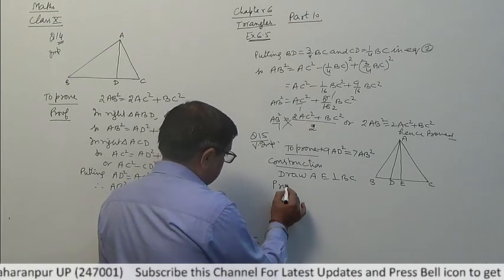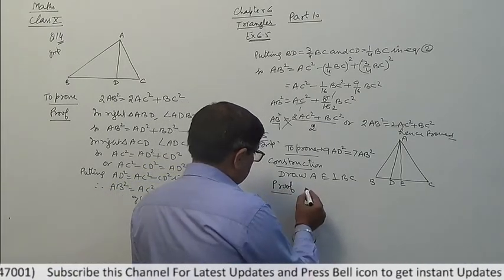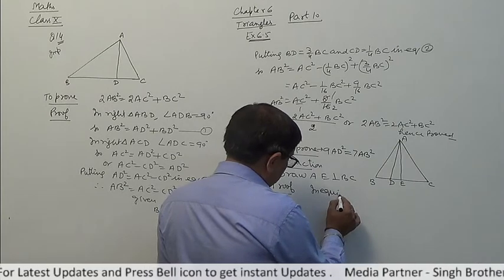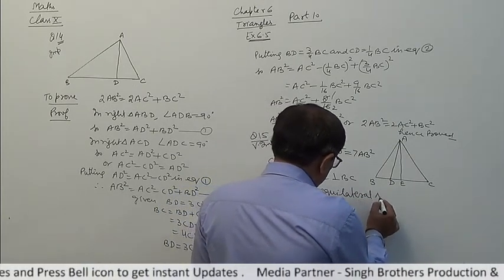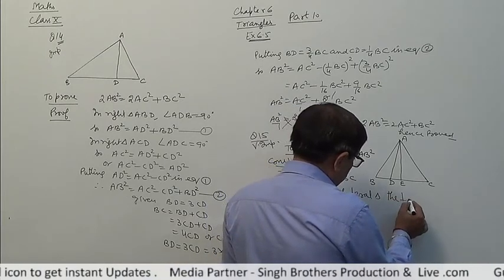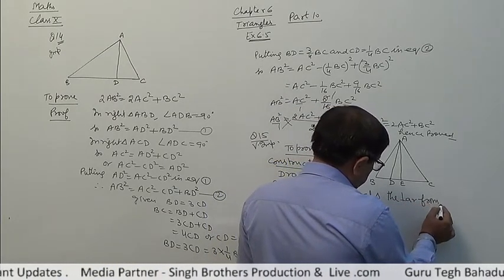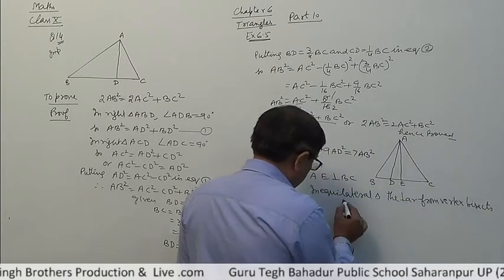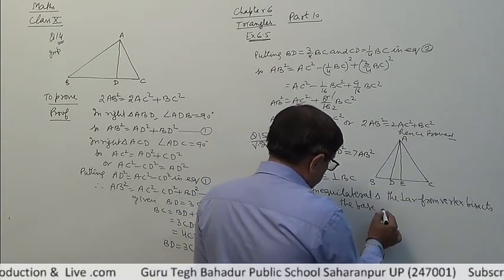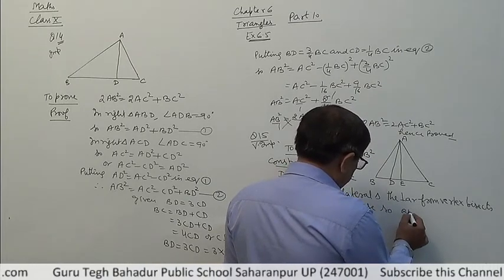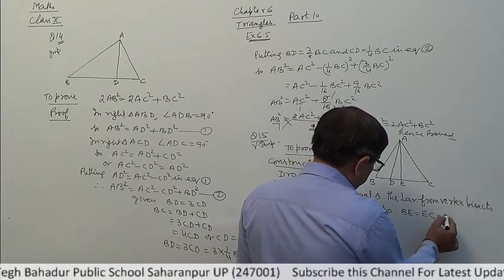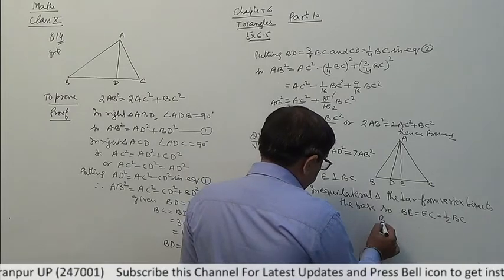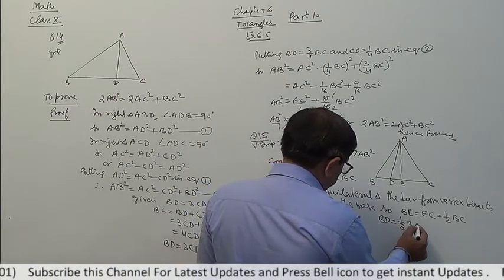Proof. In an equilateral triangle, the perpendicular from the vertex bisects the base, so BE is equal to EC is equal to half BC. BD is equal to 1/3 BC, it is given.